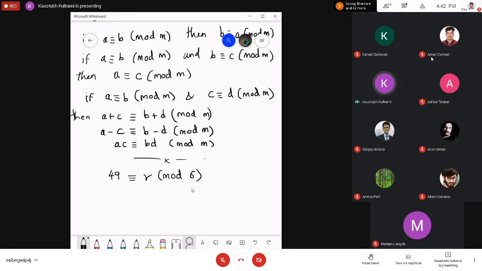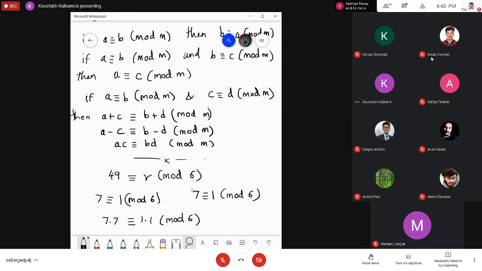Now you already know that 7, when you divide it by 6, the remainder is 1. Now you can use the last property as, okay, so this will become your A, B, C, D. So your AC, that is 49, is congruent to BD, which is 1 into 1 mod 6.